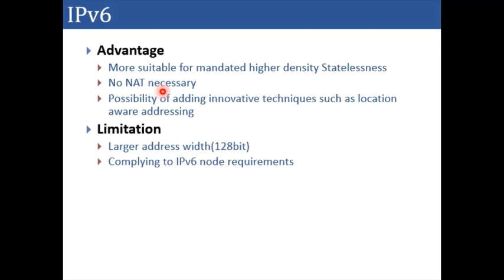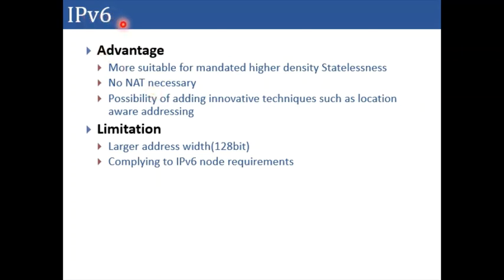So, because of the earlier limitations of having a limited number of IPv4 addresses, we were extensively utilizing the network address translation technique for readdressing or reassigning the network addresses.